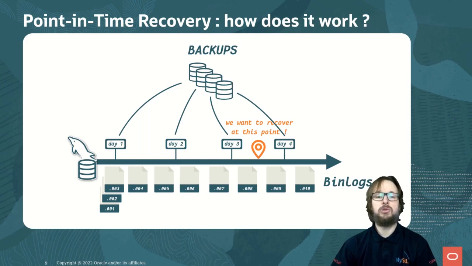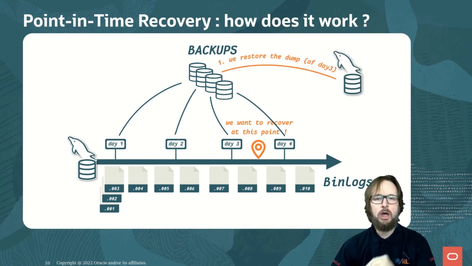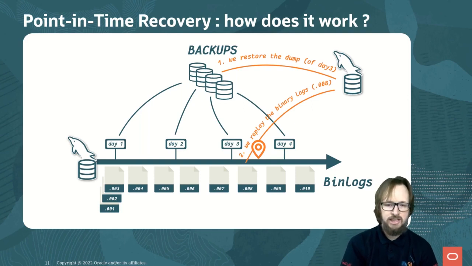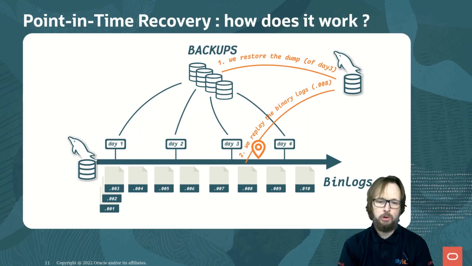The first thing we need to do is restore the dump of day 3, so the last backup before the point we want to recover. So we restore that dump on a database system, and then we replay the binary log 008, which is the binary log since day 3 up to the point we want to recover.